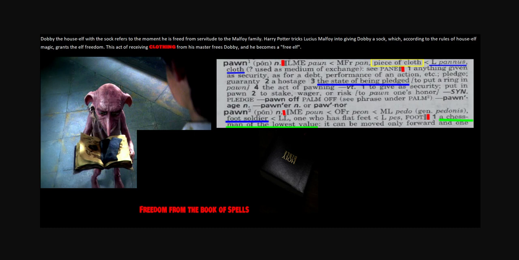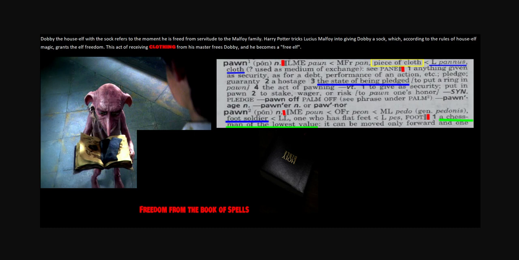I'm letting you know that particular book, the book of spells that have made all of us pawns, is this book or books, the books that they are calling holy. Okay?